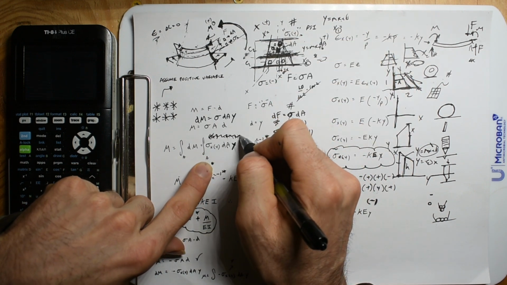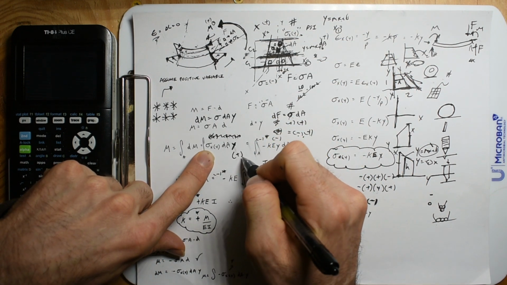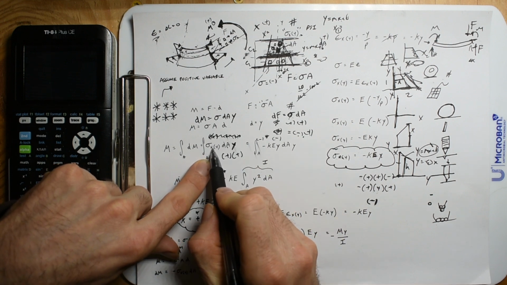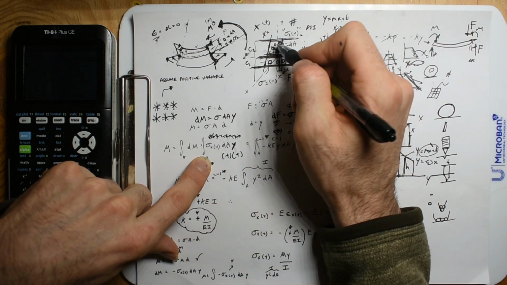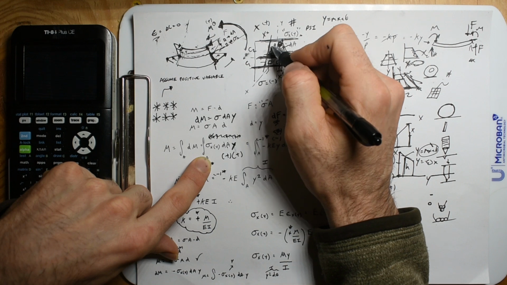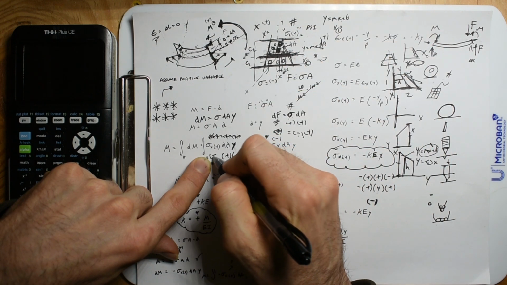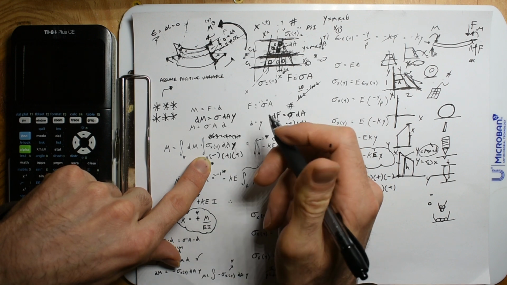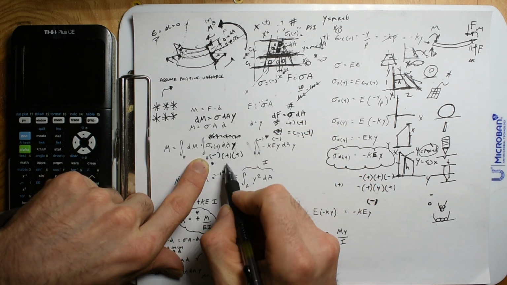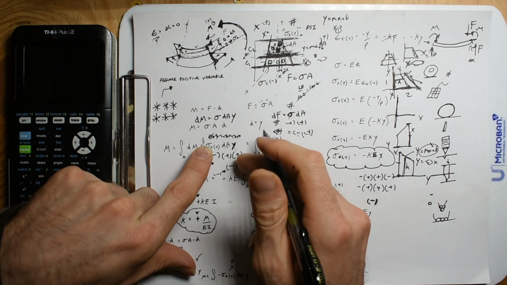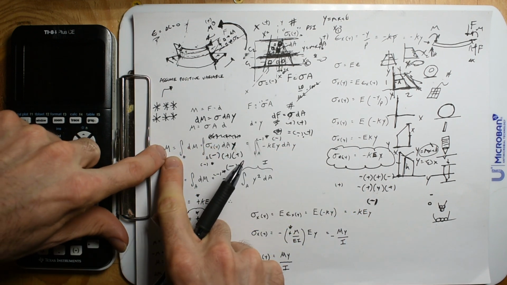So let's go through here. So if I have a positive y, I'm going to have a positive area, but this value for the stress, if y is positive, is going to be a crunching, is going to be a compression. So that's negative. And so this value right here is going to give me a negative value. This is going to equal the moment.